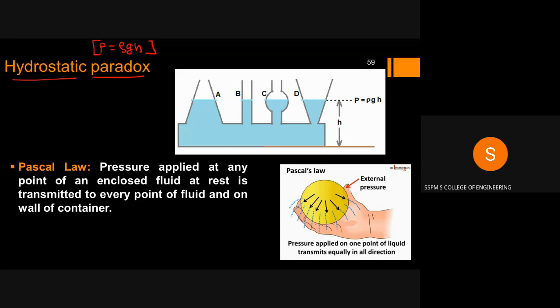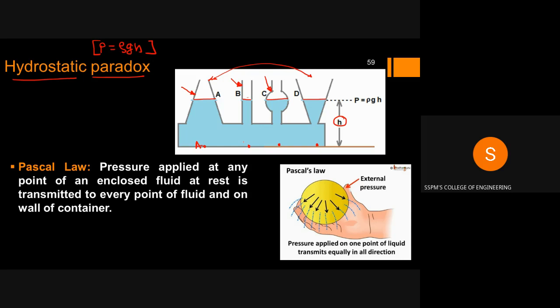So here I have selected 4 different containers. Two are conical, one is a cylindrical tube, and one is spherical. The liquid column in all the containers has the same height h with respect to the bottommost point.